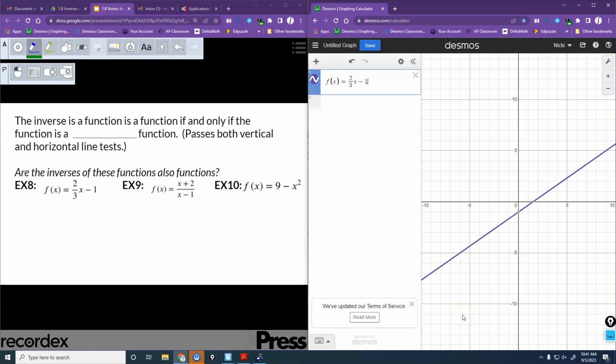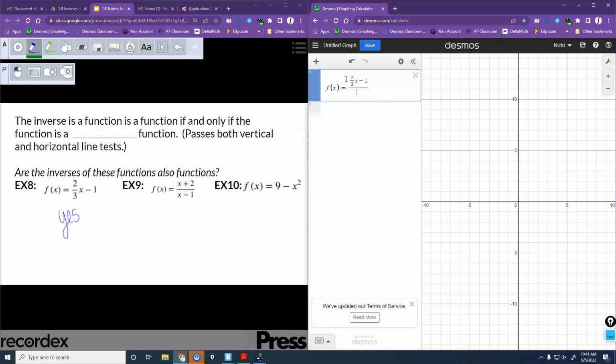Okay, is that function one-to-one? Okay, it's one-to-one. So if my function is one-to-one, then that means the inverse would also be a function. So that would be a yes.